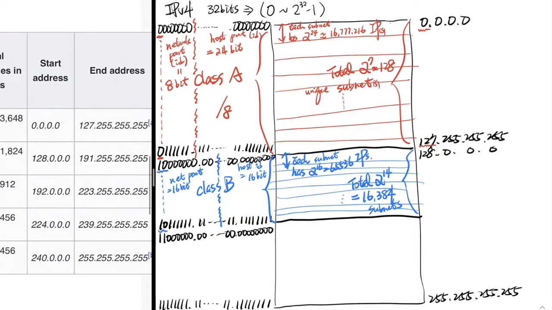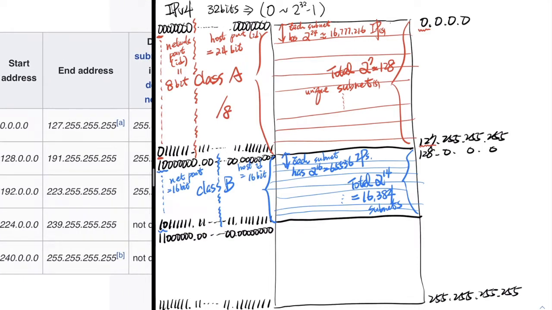We can see that the first IP address in class B is 128.0.0.0, right? So the last IP address right here should be 191. The next one is this.